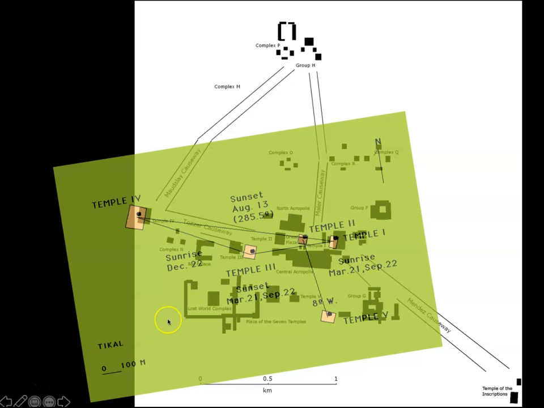So you can see that they have their dates here, but Temple 4 had the rising sun of February the 12th, and then October 30th in the ridge of Temple 1 was the coming down of the sun as well. And so all of these had to do with not only peak moments in their calendar, but also the changing of the seasons.